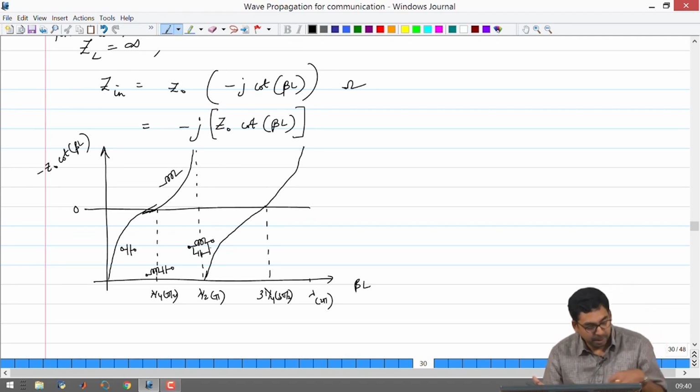So, it is very important to know this, that a section of a transmission line which is lossless, depending upon how long it is, could act like an inductor or could act like a capacitor, could act specifically like a series combination of inductor and capacitor or a parallel combination of inductor and capacitor.